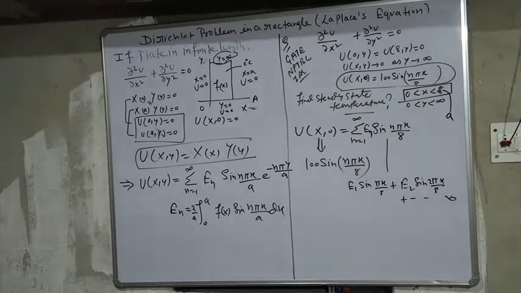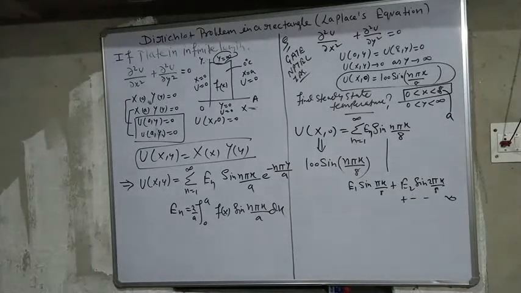In this question, we have actually done something wrong. What have we done wrong? We have written sine(n pi x).